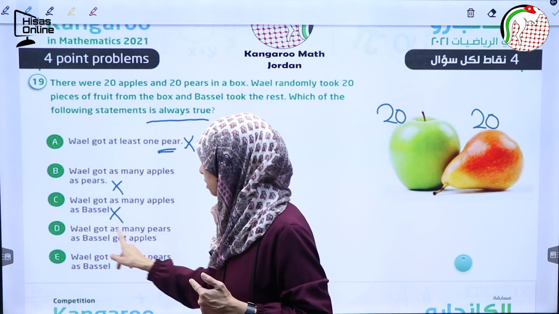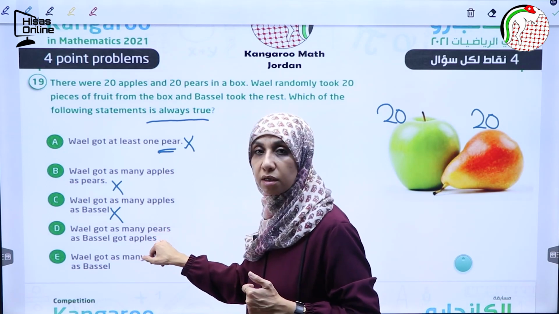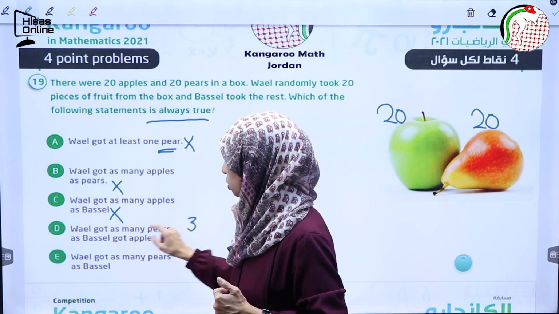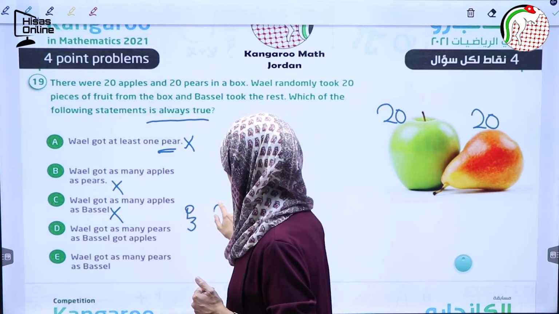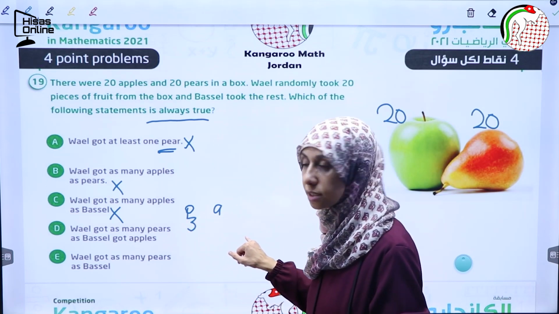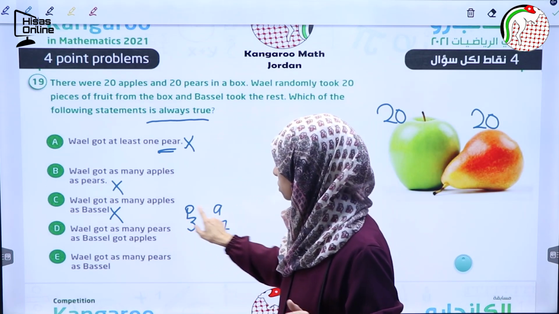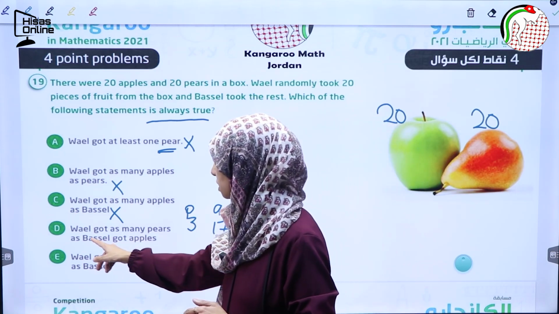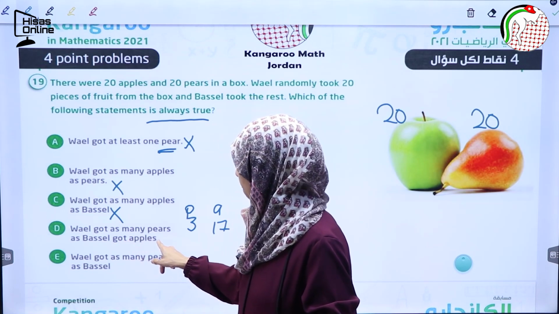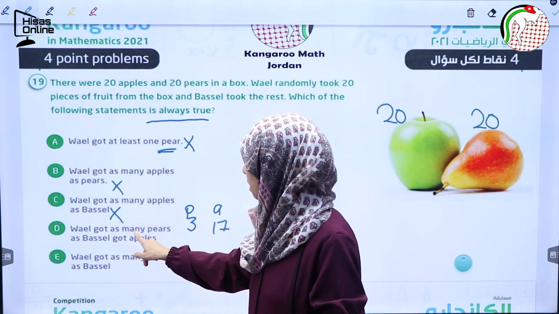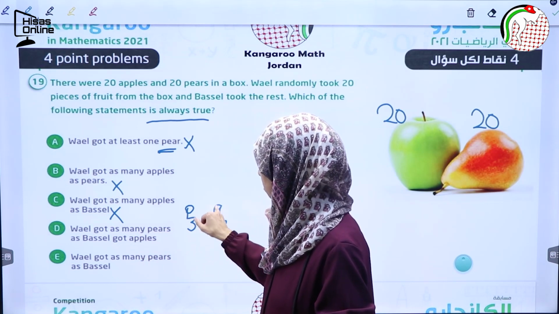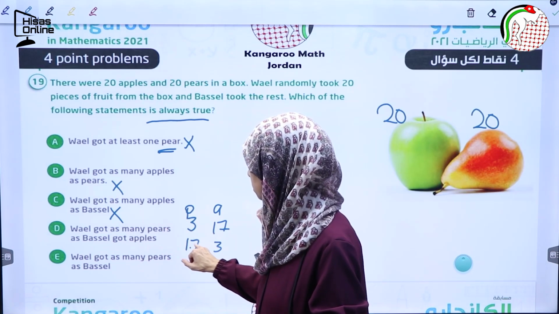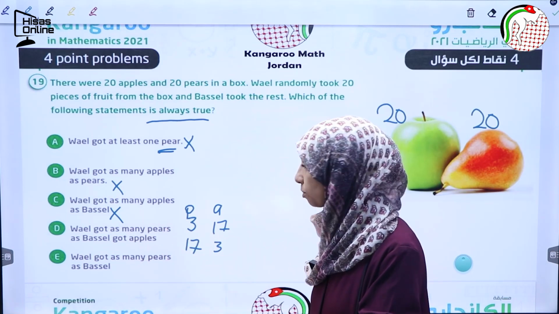If Wael got pears, for example, 3, so this is pears, so apples will be the rest, which is 17, because we said he picked 20 pieces. While Basil will get apples here, 3, and the rest will be pears. The rest, we said the rest, which is another 20 pieces.